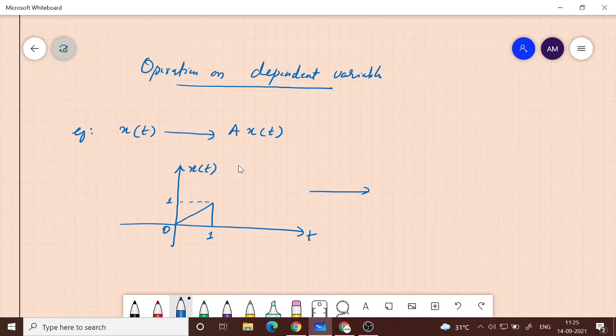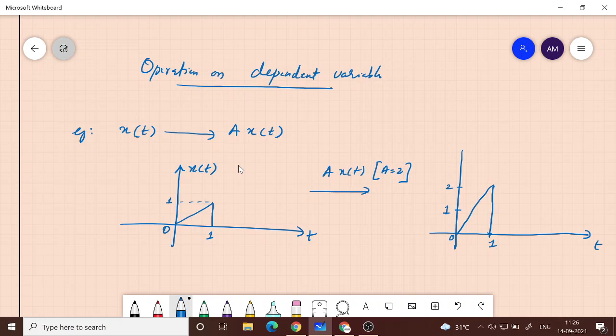After performing a x of t, let me take a equal to 2. Then what will happen? I don't touch the independent axis, so that goes from 0 to 1 like before, no change at all. But here I am playing with the dependent one, so here it is 1. After multiplying with 2, I will have a change like this.